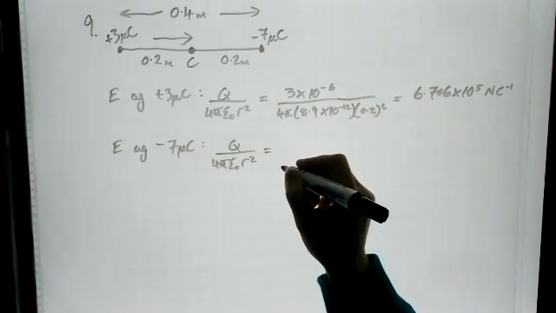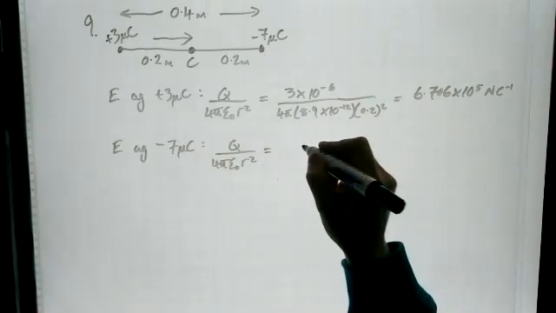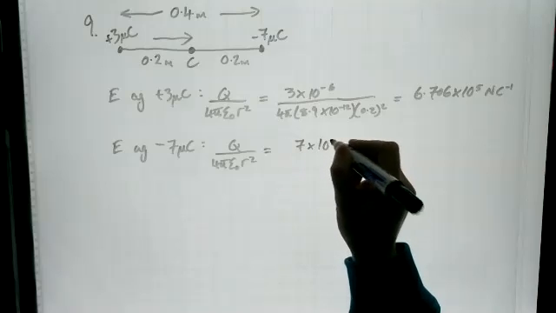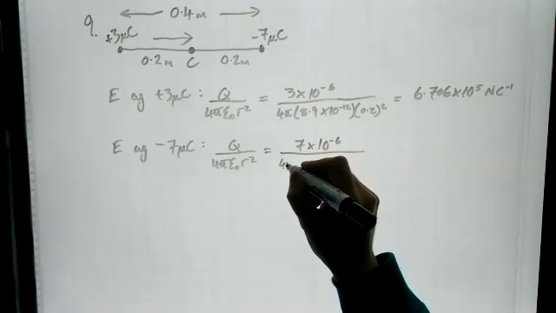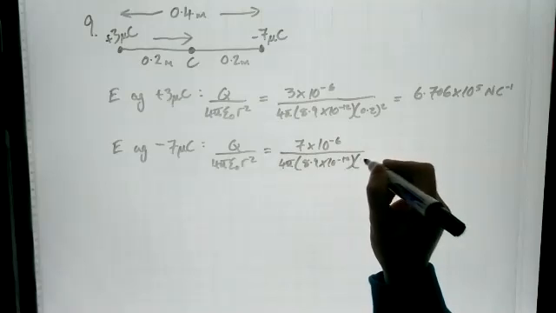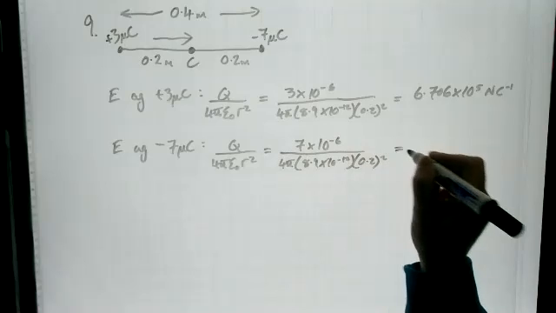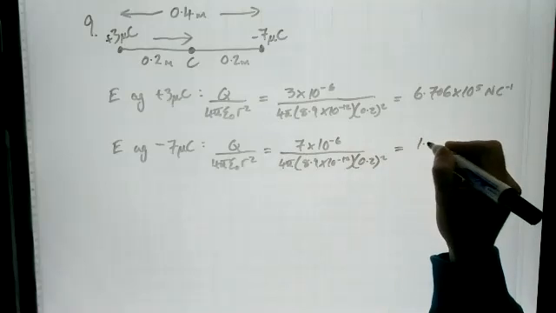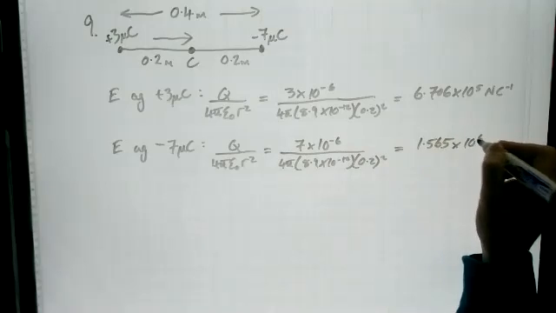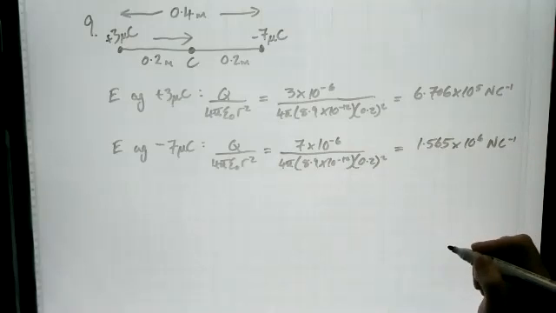Just take the positive value, so 7 by 10 to the power of -6 over 4 pi by 8.9 by 10 to the power of -12 by 0.2 squared. That gives 1.565 by 10 to the power of 6 newtons per coulomb.